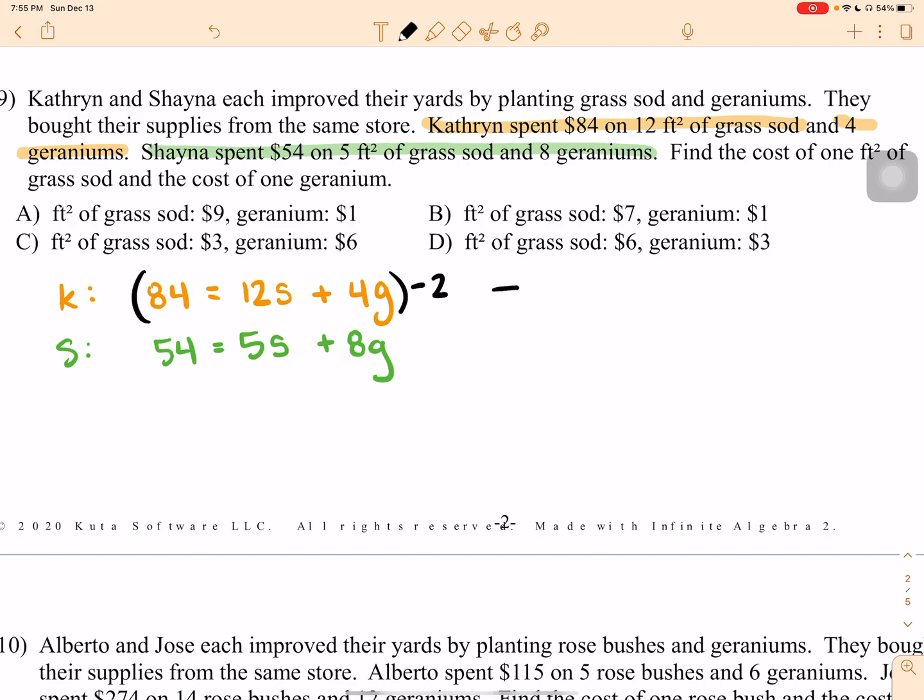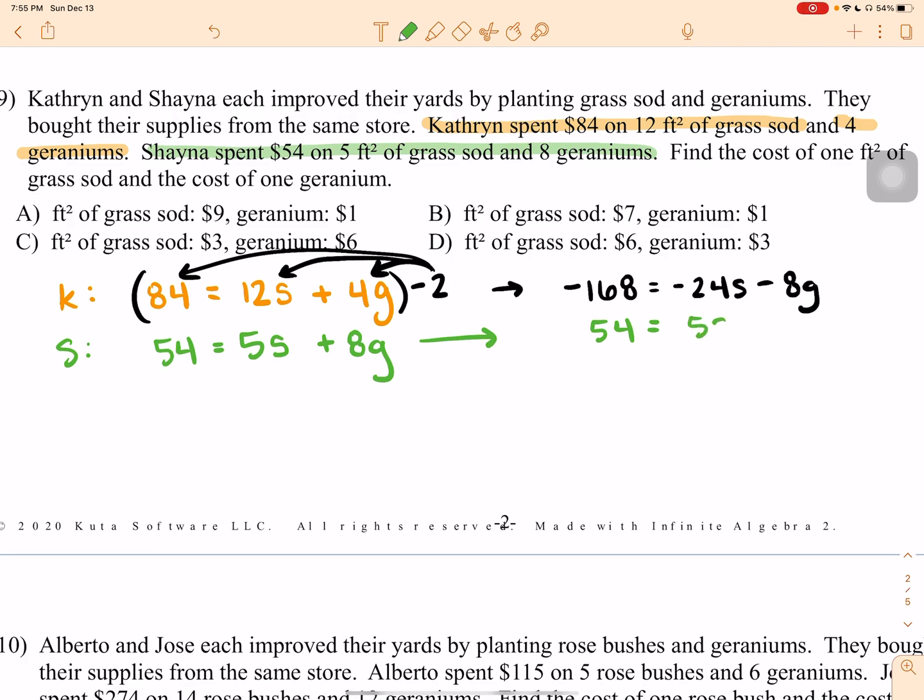So this will be -168, if I distribute that, equals -24s minus 8g. Okay, and then I'm just going to rewrite Shayna's here. 54 equals 5s plus 8g.